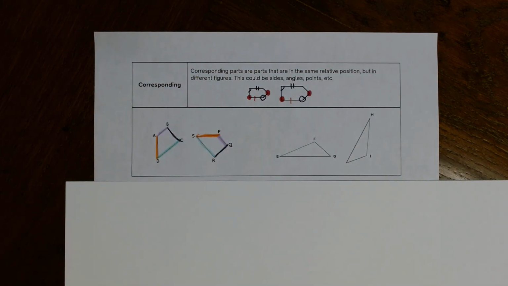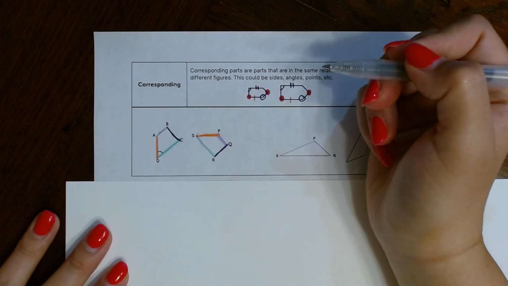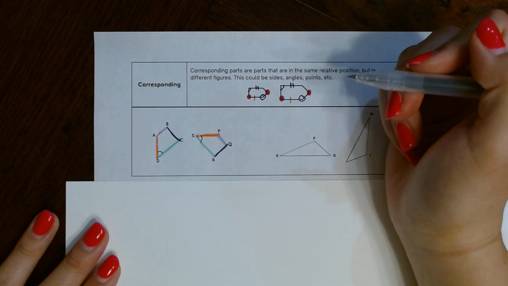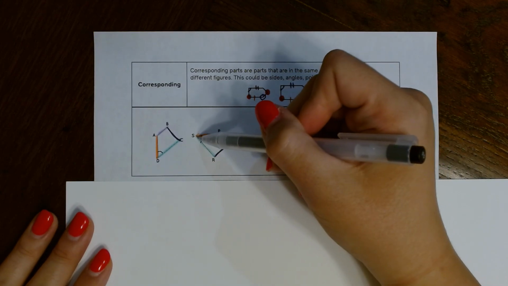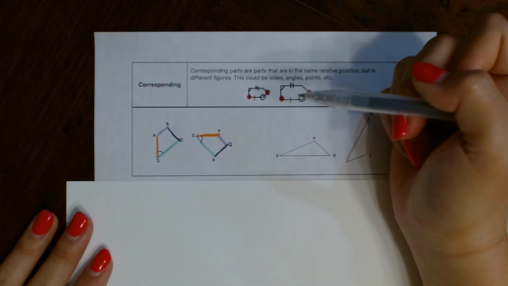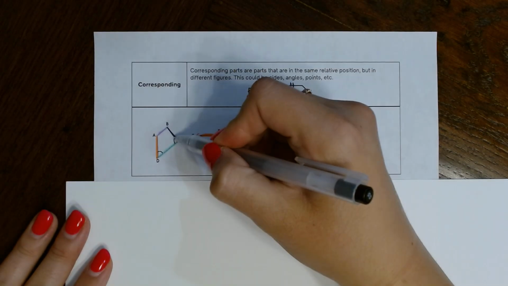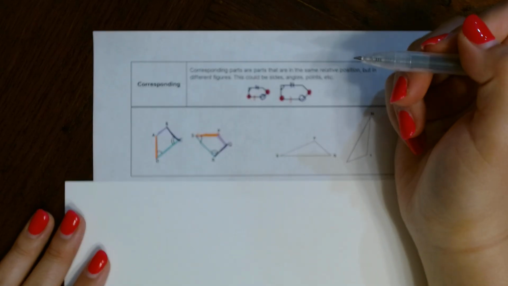If I want to talk about angles, this angle and this angle correspond. You see how they both meet where that orange and green line are? Orange and green line. This angle, I'm going to do 2 lines, corresponds to this angle. 2 lines.